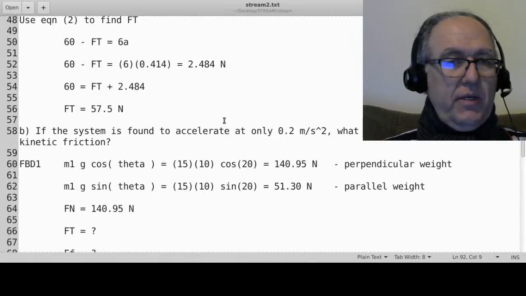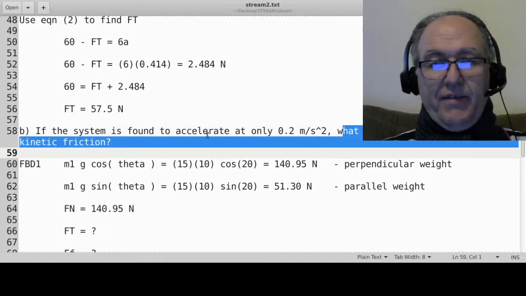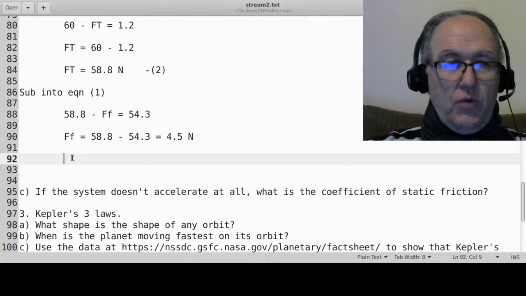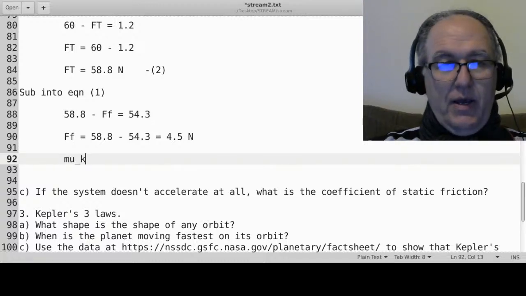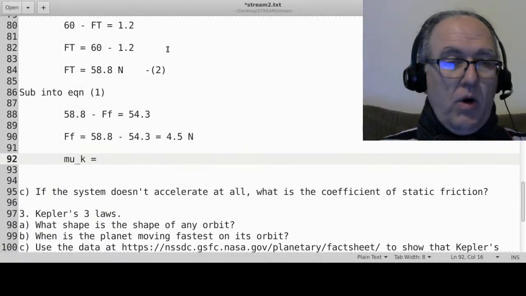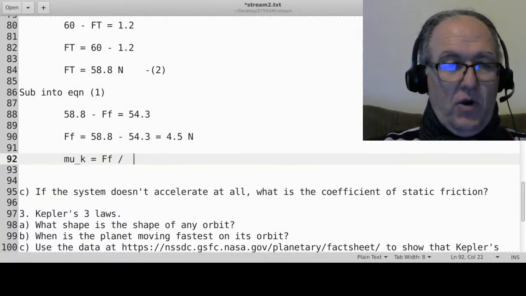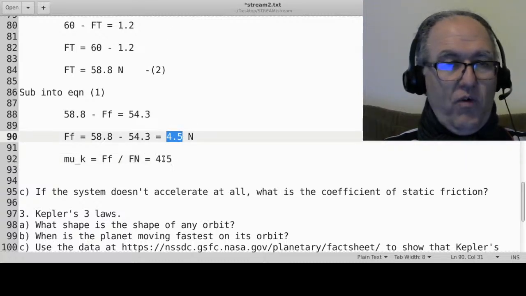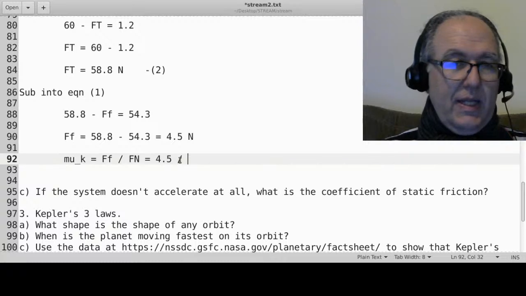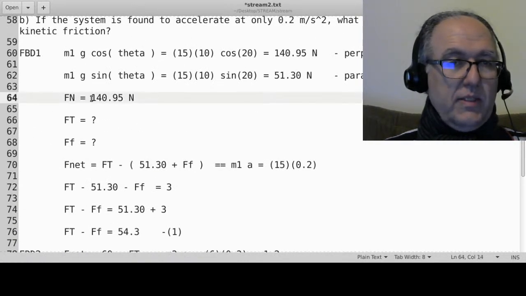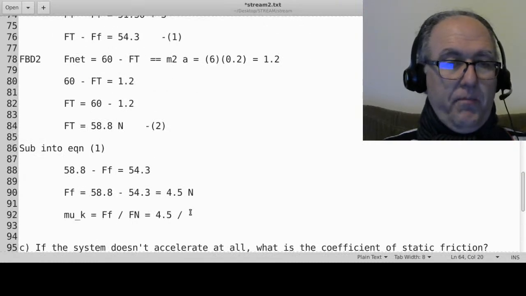I asked in the question, what is the coefficient of kinetic friction? Once you've got Ff, you know that mu, of kinetic friction, I can't do my little mu symbol, so I'll just write mu. So mu k is going to equal the force of friction divided by the normal force. The force of friction we just found to be 4.5, and the normal force we can go back up here, the normal force was that number right there.